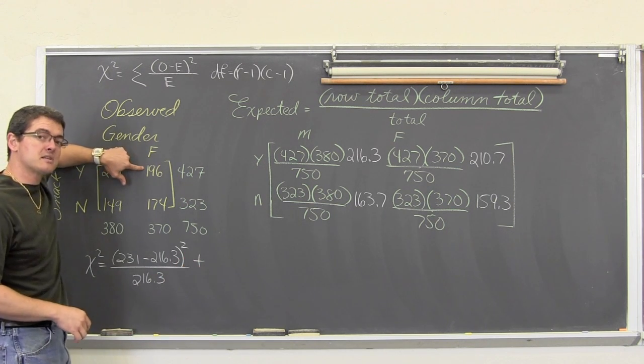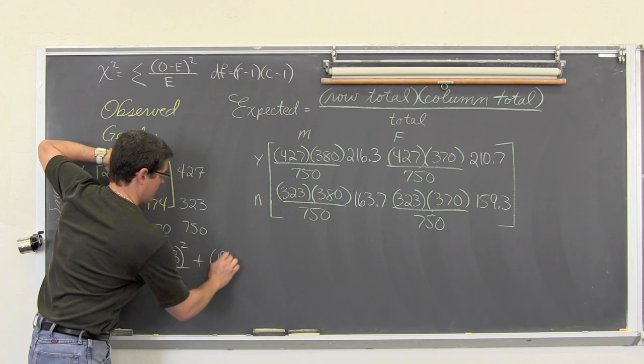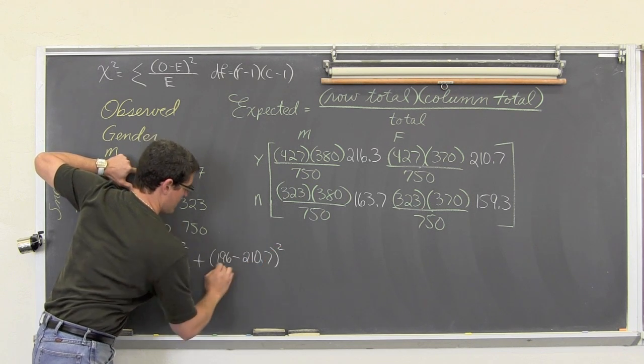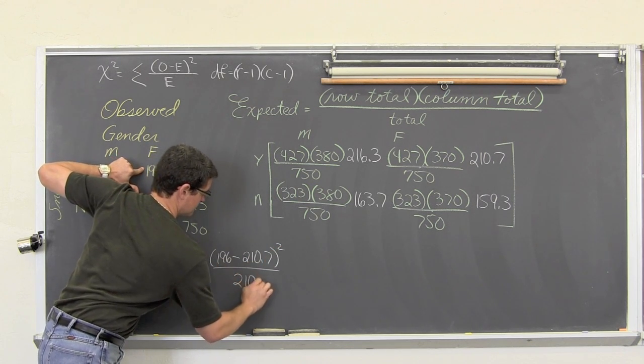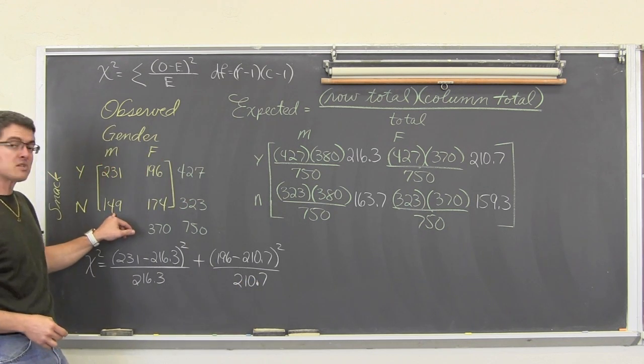Now let's move on to the next cell in the table, which is 196. So observed again, minus expected, squared, divided by expected. Moving on to the next one, 149.